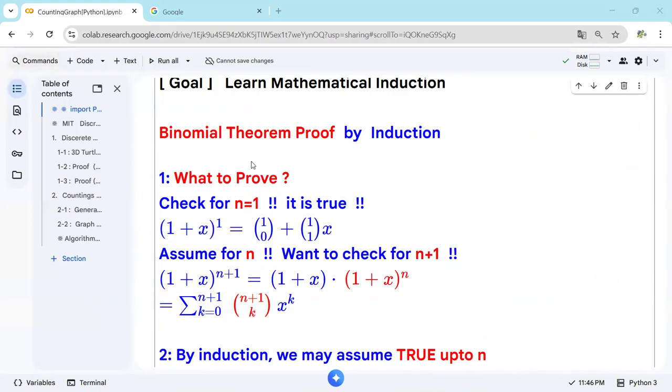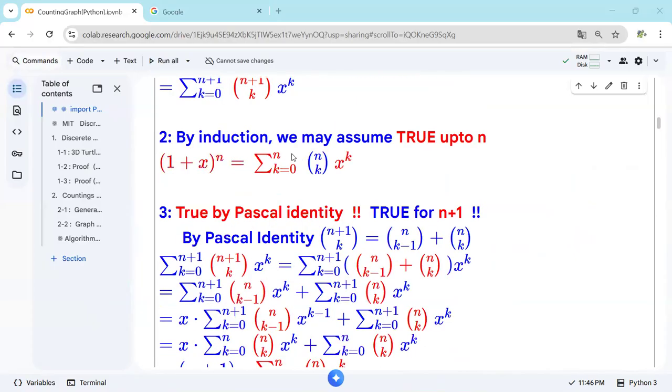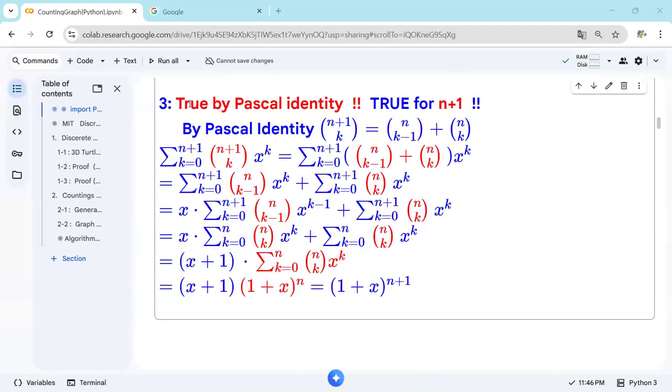So by induction, we assume that this one is true up to n. Then we must prove the case n plus 1. Let's start with this one, and our goal is to prove that this one is equal to this one.